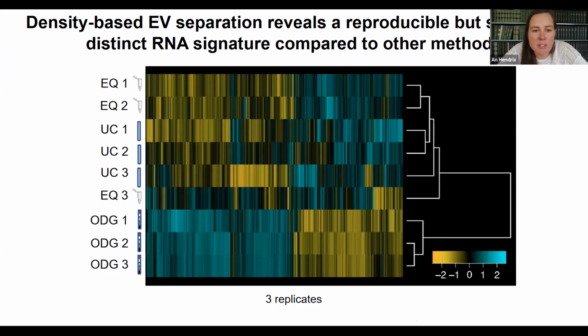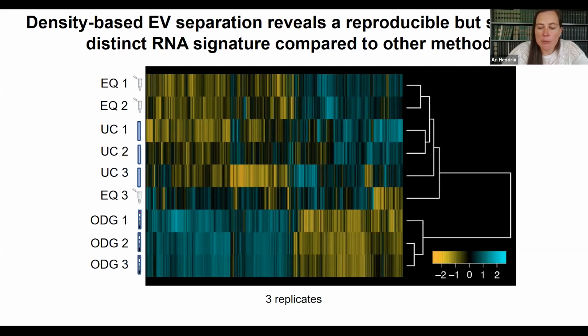What we could observe is that the RNA signature that we identified in the preparations obtained by the density gradient differs from the RNA composition that we identified in the preparations prepared using ExoQuick or differential ultracentrifugation. This 6 years ago was a striking observation because we did not really expect that the choice of method would influence the downstream analysis so significantly.